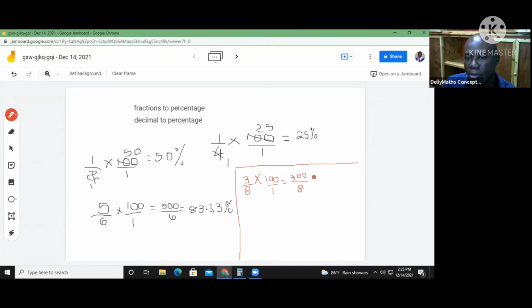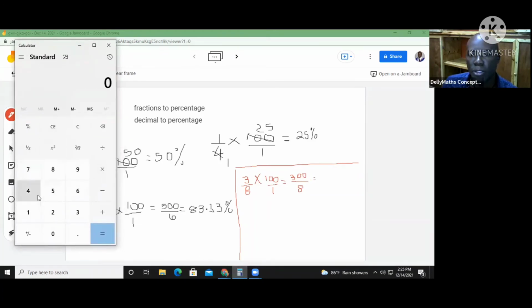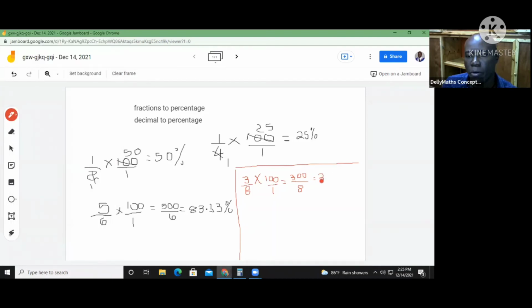And then from there we can get our percentage easily. So we divide 300 by 8, and we're looking at 37.5. And this is a percent. So we have 37.5%. So when we're moving from fractions to percentage, it's very simple. We just multiply the fraction by 100 and we cancel if we can.